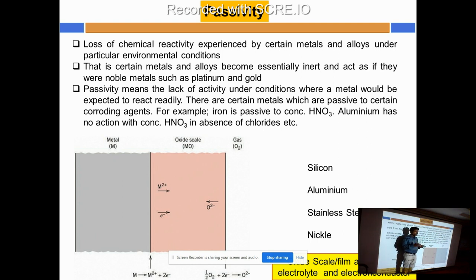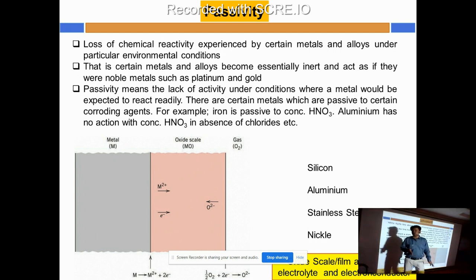Now, if you see, this O2- formed and M2+ formed, they again have an interaction if an oxide layer is formed. So M2+ wants to go into solution, and the O2- formed will want to go inside the metal surface. That means the oxide film which is formed will act as a conductor, and will act as an electrolyte, because this oxygen is completely in the electrolyte solution.